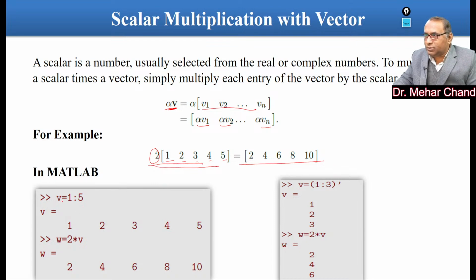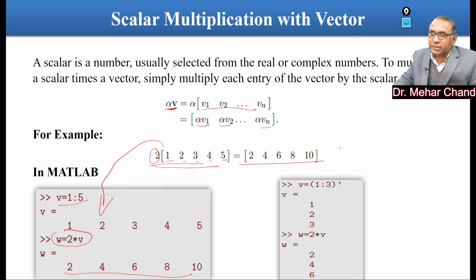Here are also some examples in the command for MATLAB. v is equal to a vector from 1 to 5, there are 5 elements only. w is equal to 2 product v. So vector v is multiplied with this scalar, and we get these values, which is the same example as you can see here.